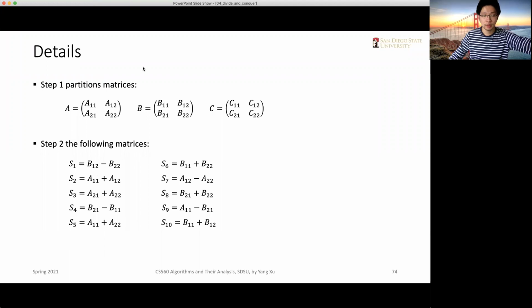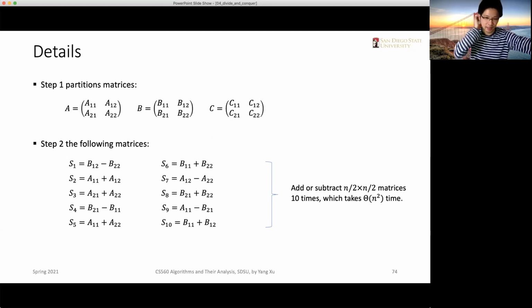The equations are listed here. It seems not regular at all, just some random patterns. That doesn't matter. We'll see how the pictures can be put together. Anyway, it's in total 10 additions or subtractions between 2 submatrices, and that will take big theta of n squared amount of time.